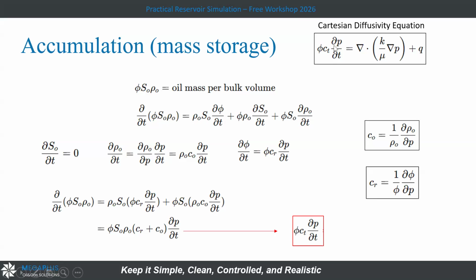So here we have density, here we have density, and here we have density. So we will divide by the density on the right hand side and the left hand side. It's very simple mathematics. So this is how the simulation calculates the accumulation in that way.